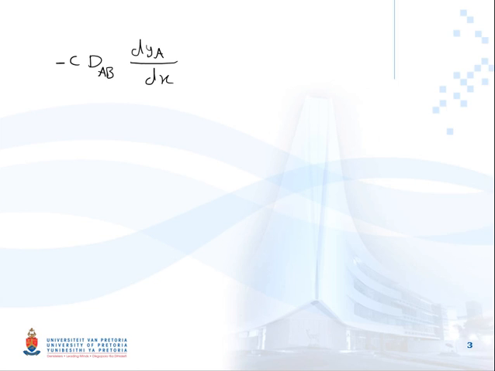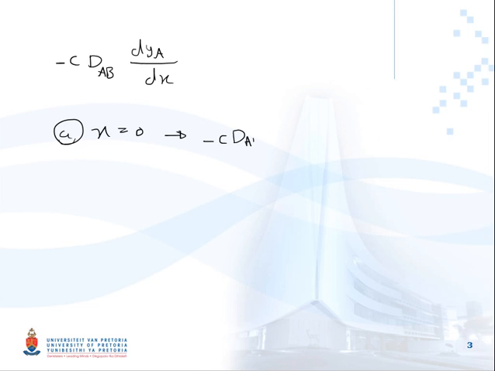You remember that? So this is Fick's law. If we want a specified heat flux boundary condition at x equal to 0, with diffusing species A, easily we can say that a specified diffusion flux, which is equal to a specified heat flux boundary condition, will be like this.